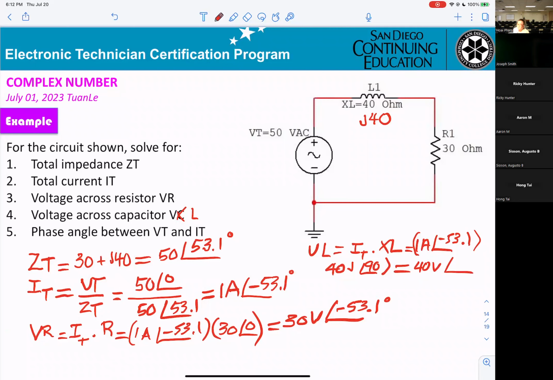Angle negative 23.1. Cannot be negative. Well, we get the total current 36.9 minus 53, and the IL will be 90. Oh, yeah, I wrote the wrong number there.